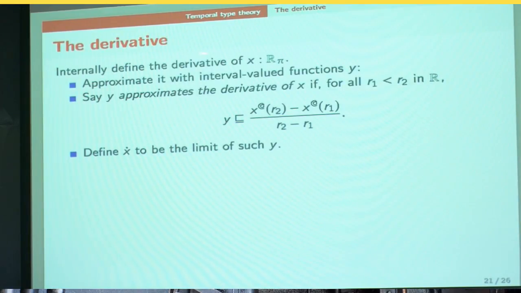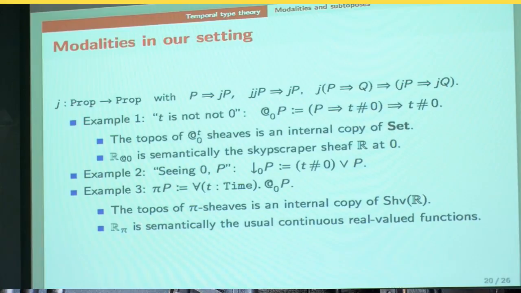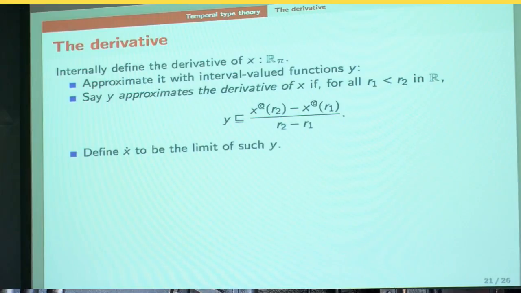So from here we can define internally the derivative of a real-valued function. If you take the internal point-wise reals, the continuous real-valued functions on the real line are embeddable in our topos as this R_I. So now we can talk about approximating the derivative.